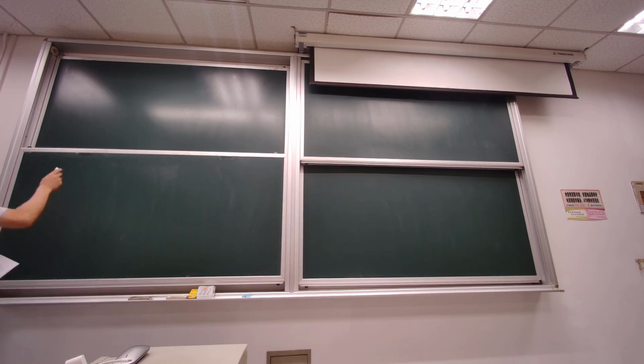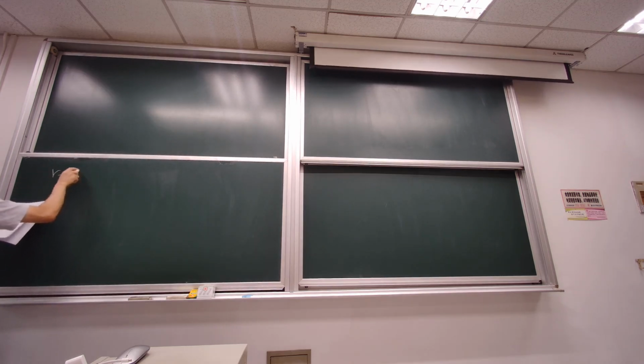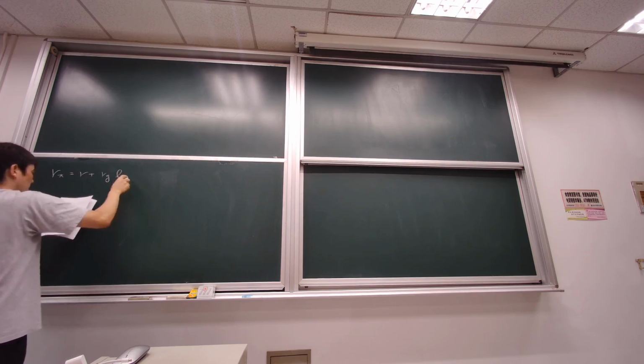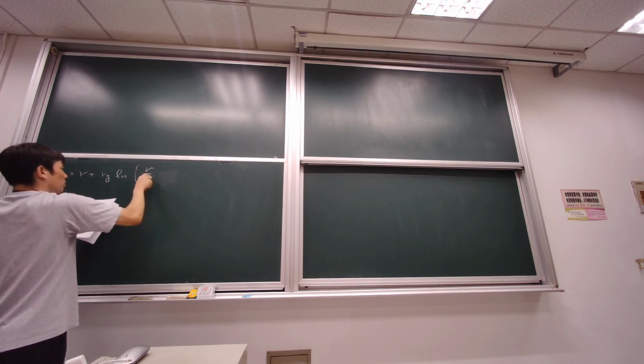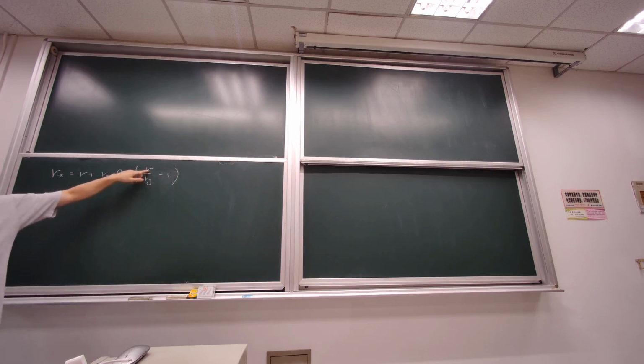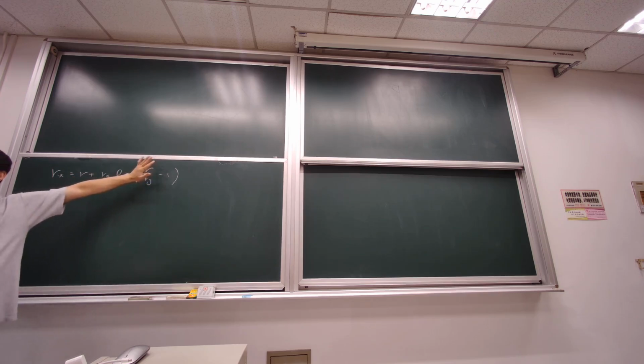So recall that the tortoise coordinate is r star equal to r plus rg ln (r minus rg) minus 1. So when you set r equal to rg, this quantity becomes divergent, right?